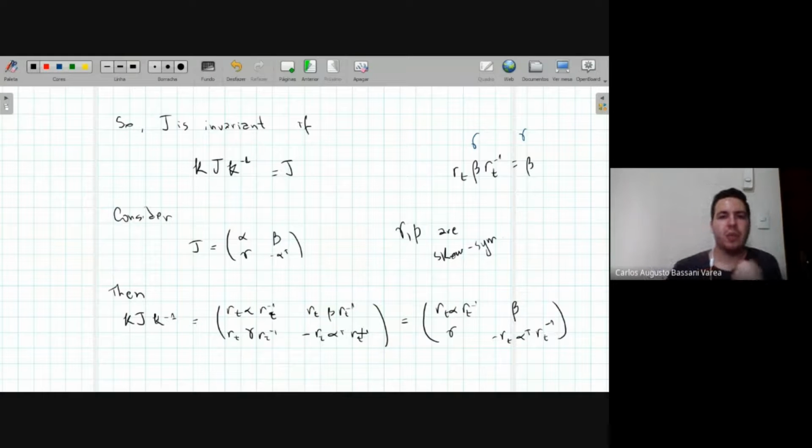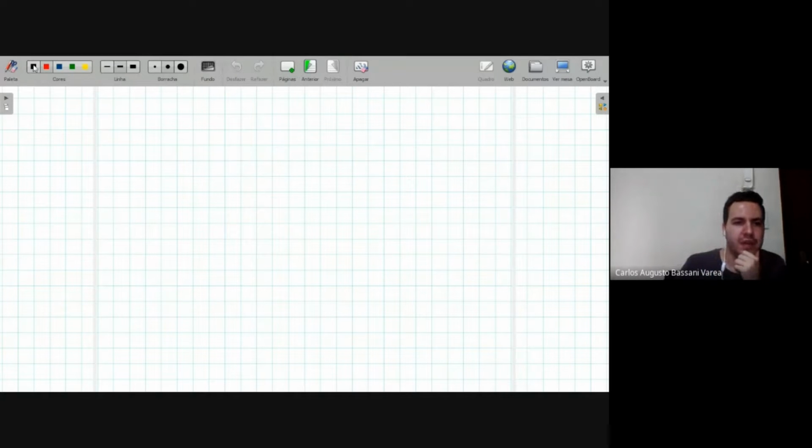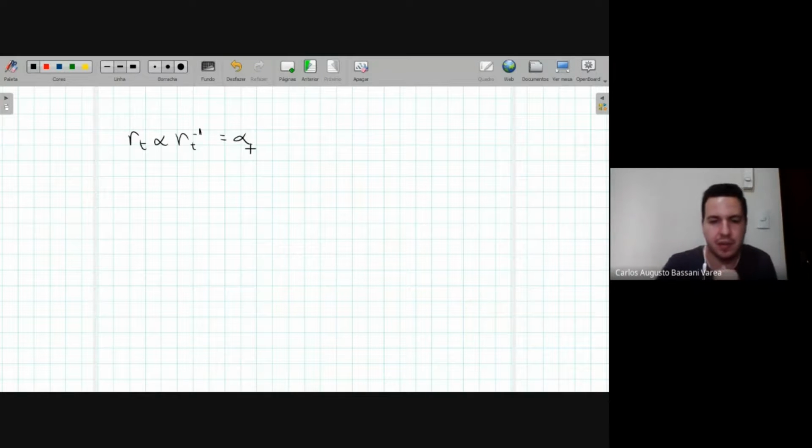So if we want J to be invariant, J must satisfy this condition: this matrix here must be equal to J. So J will be invariant if RT alpha RT minus 1 is equal to alpha.